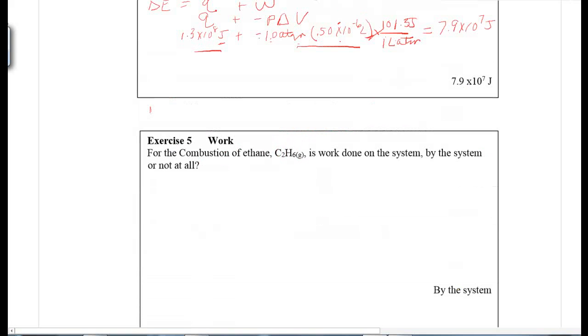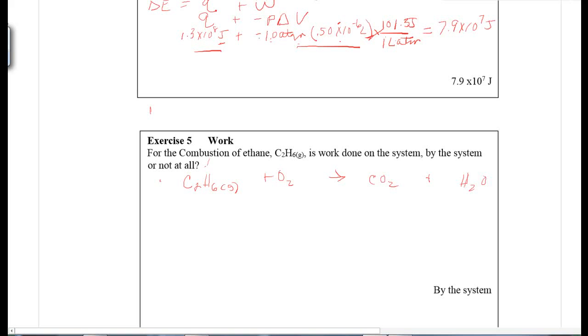For the combustion of ethane, ethane is a gas, is work done on the system, by the system, or not at all? What we have to do here is figure out what's happening when I combust ethane. I have this gas ethane. Combustion means I'm going to add oxygen, and I'm going to generate carbon dioxide and water.